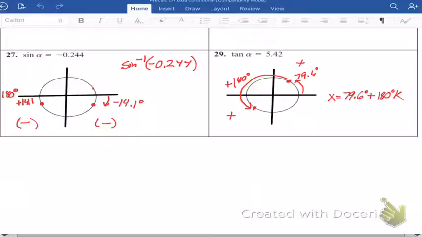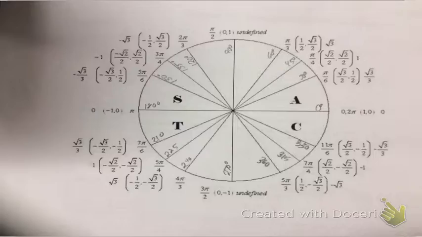But if we just look at a unit circle really quick, I don't know if I have a unit circle out. I do. And it has to do with why reference angles work as well. If you look at the pattern of a unit circle, my sine is 1/2 here, so it's plus 30 degrees.